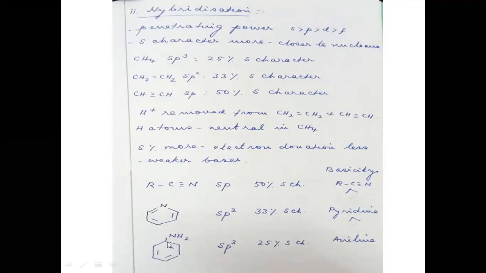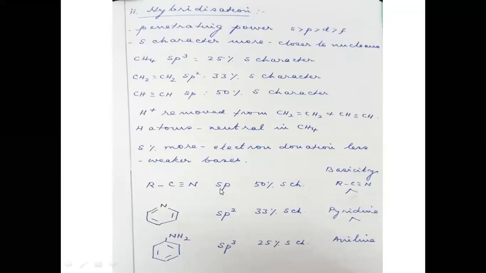You know, methyl group has plus I effect, that is inductive effect. So this will push the electron to nitrogen. Nitrogen will be more electron rich, then the lone pair can be easily donated. So when the nitrogen is attached to electron donating groups, basicity increases. When the nitrogen is attached to electron withdrawing group, basicity decreases. But if you consider only the nitrogen, depending upon the hybridization involved, the basicity changes.